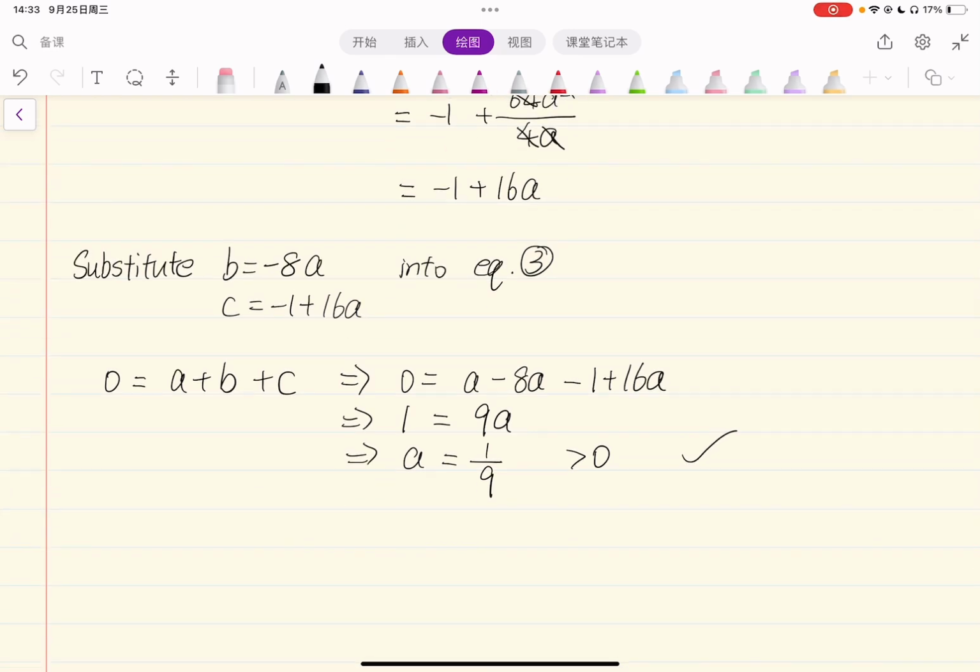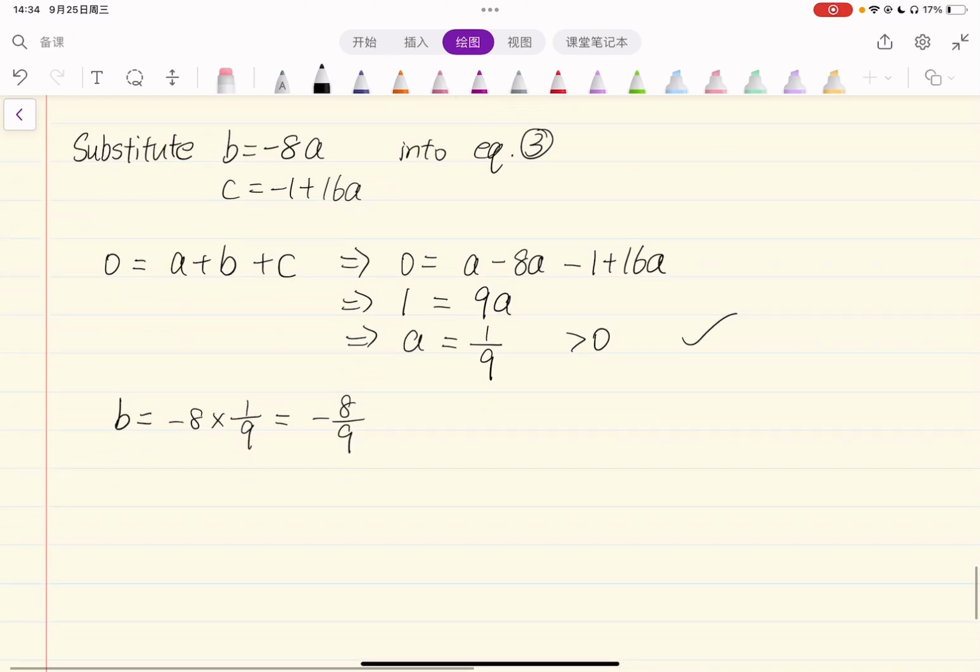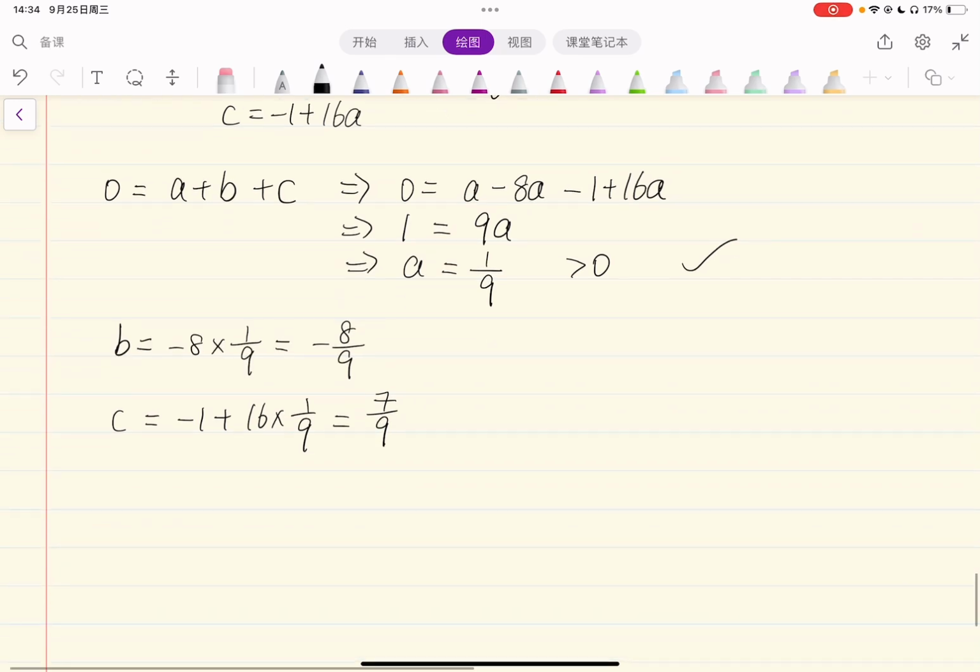And we substitute a back into b and c. We get b equals minus 8 times 1 over 9 equals minus 8 over 9. And c equals minus 1 plus 16 times 1 over 9. We have 7 over 9. So for this function, we have y equals 1 over 9 x squared minus 8 over 9 x plus 7 over 9.